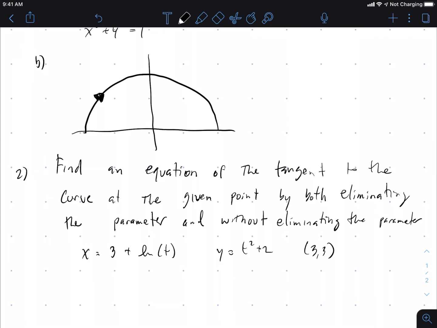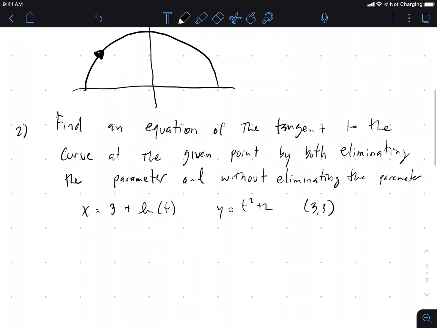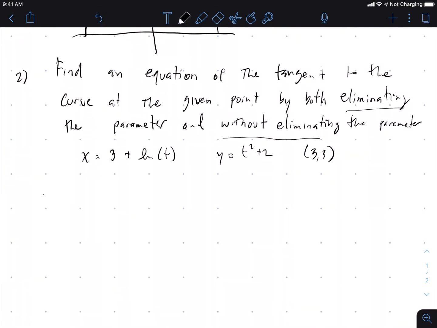And so what do we need to do? Since they want us to do it in two forms, without eliminating and with eliminating the parameter, which one would you want to do first? With eliminating? Sure, let's do that one first then.